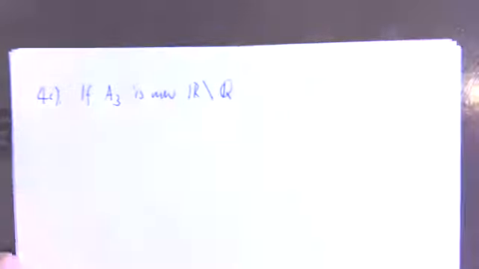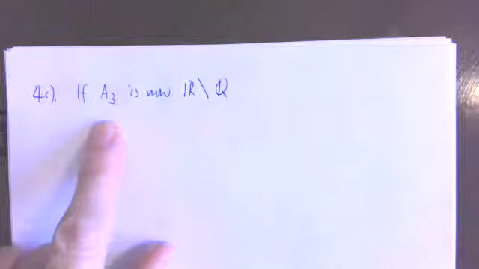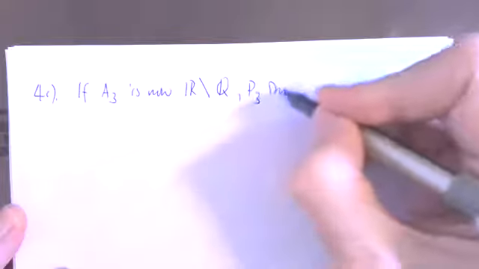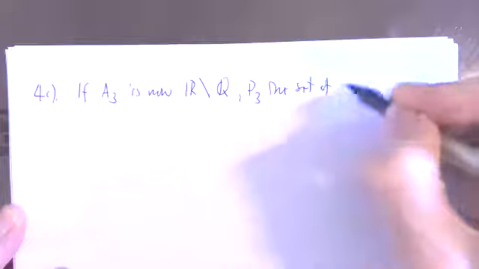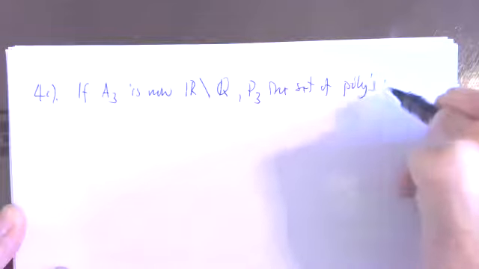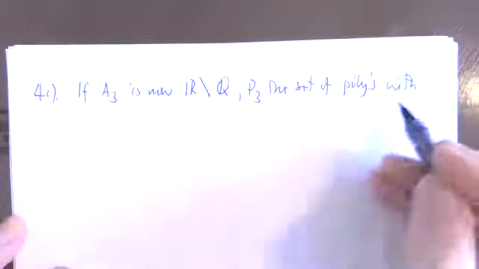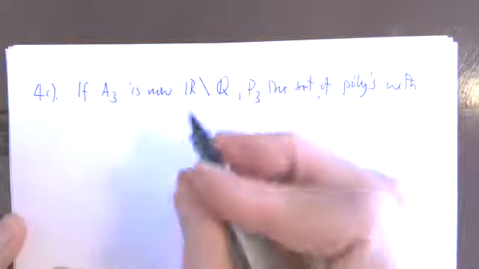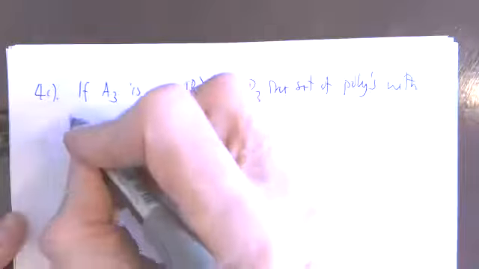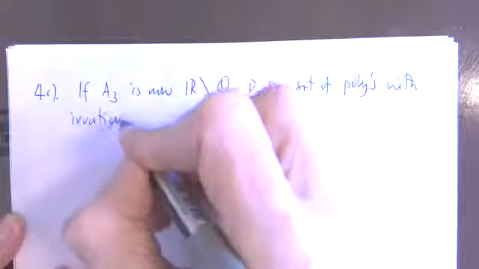So I look at R and I take away the rationals, so this is the set of irrationals. P3 is now the set of polynomials with irrational coefficients from A3.